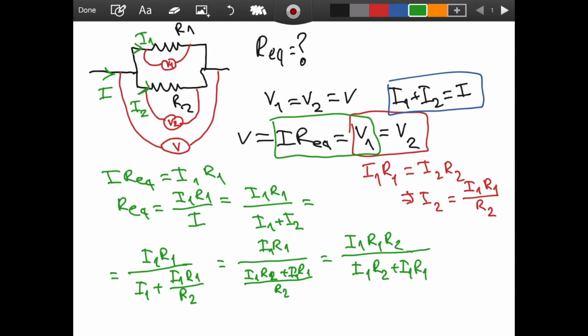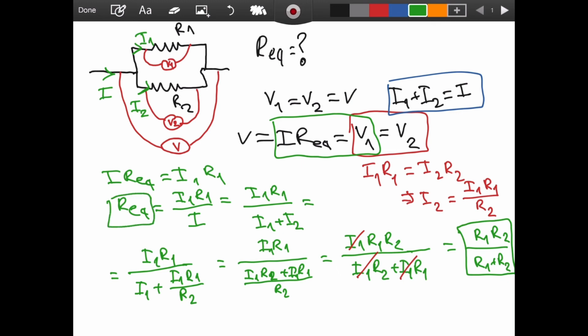Oh, by the way, I forgot the subscript on I1 here. Now if you divide the denominator and the numerator by I1, these cancel and you are left with R1 times R2 divided by R1 plus R2. And this was equal to, as you can remember, R equivalent.